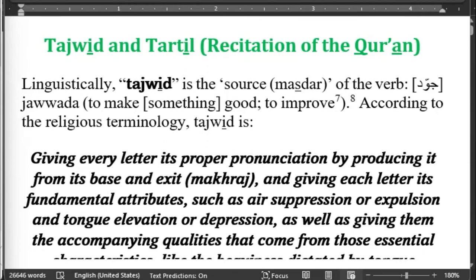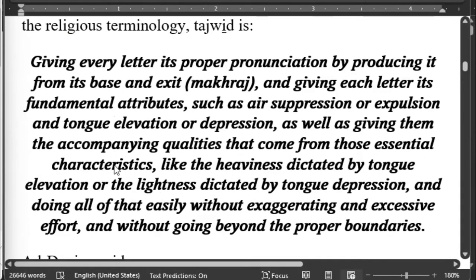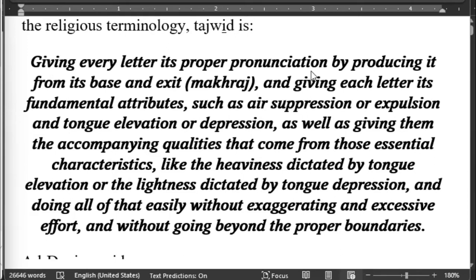According to the religious terminology, though, tajweed is giving every letter its proper pronunciation by producing it from its base and exit, its makhraj. Inshallah, we're going to come to talk about the makharij, the exits, and giving each letter its fundamental attributes.